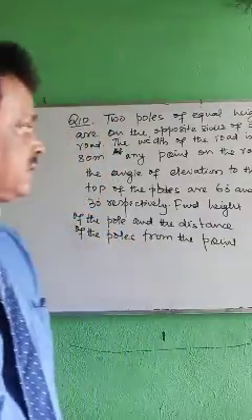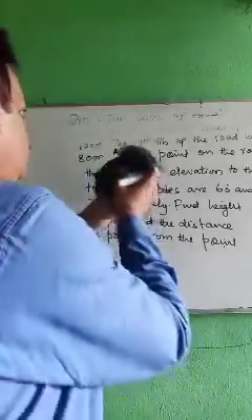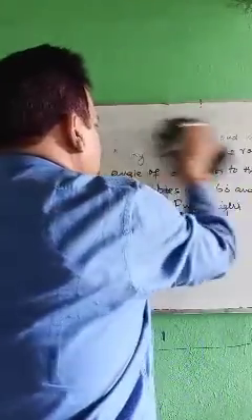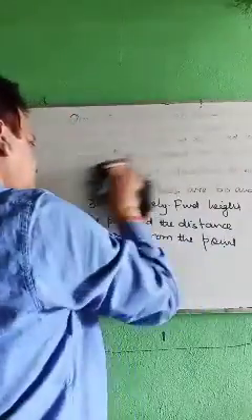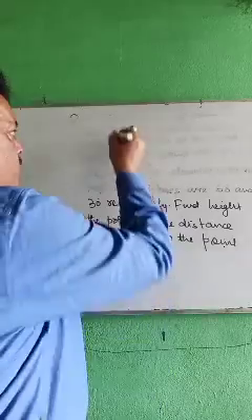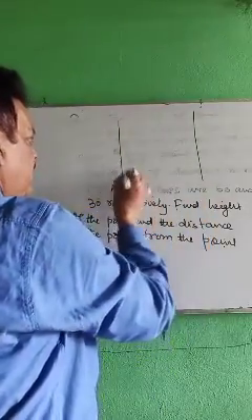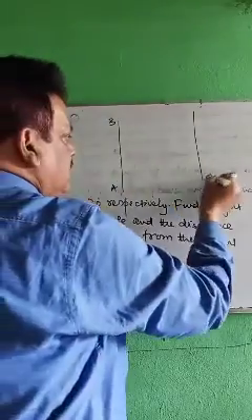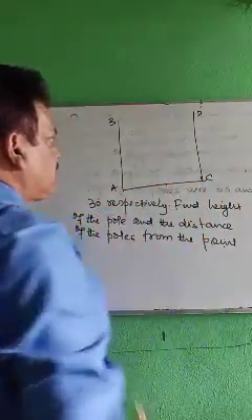Now look at here. Two poles of equal height. So what you have to do? This is AB. This is CD. Equal height.